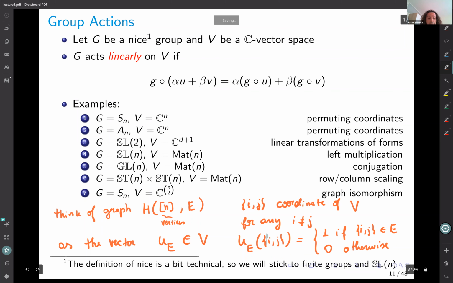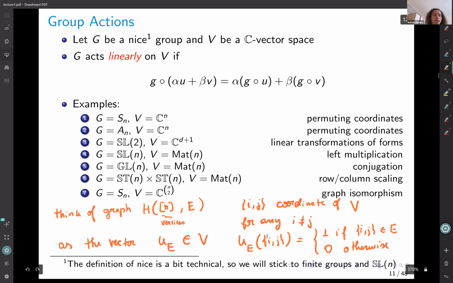Okay, and now what is the group action here? What it does is that G just permutes the vertices, and when G permutes the vertices, we have the induced action on the edges.